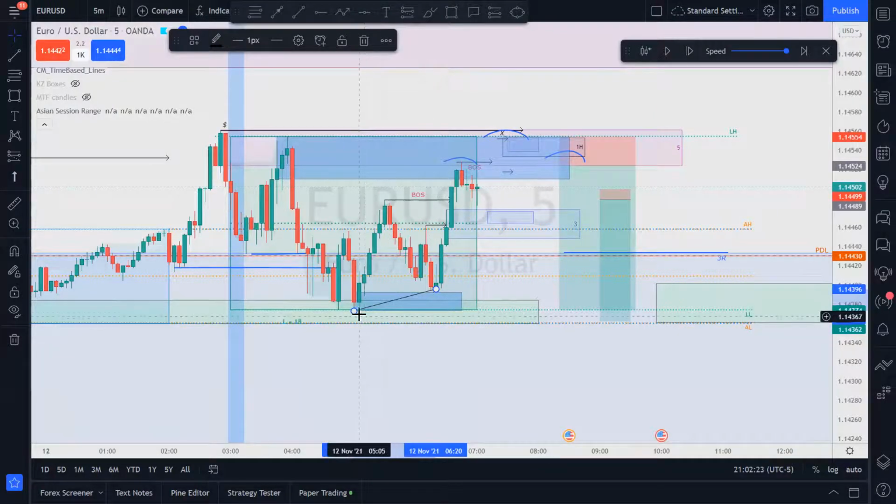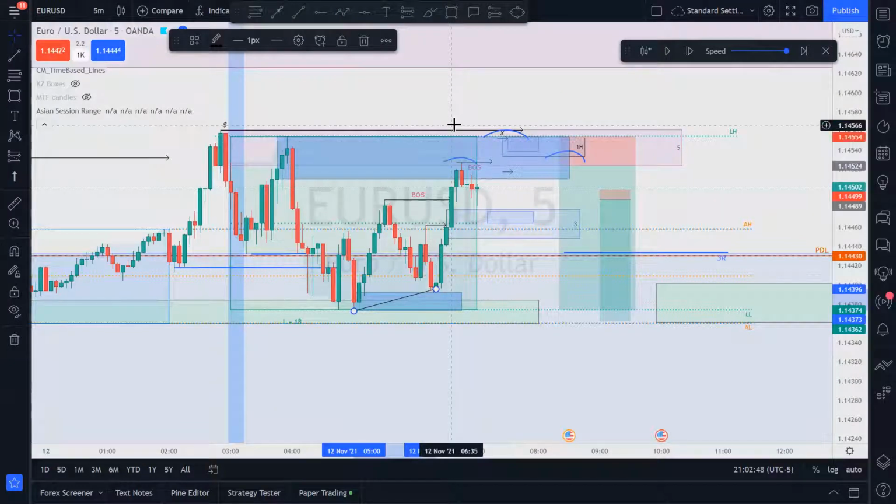These points here have liquidity. This is where people have stop losses to take longs. People have pending orders for shorts because they're waiting for breakout trades here. So all of these points have liquidity, and price will go to that liquidity because that's what moves price.